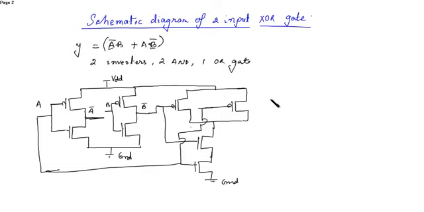Before that, let me clear this. The function is A bar B plus A B bar. Then there will be two inverters.